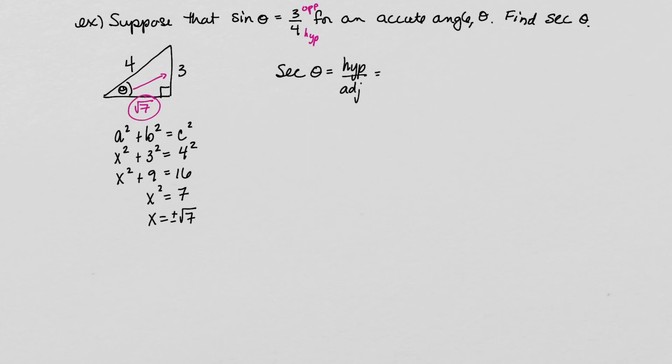In this case, the hypotenuse is 4, and the adjacent is the square root of 7. So if you wanted to find the cosine first and then flip it over, you could do that. Or you could just think about it like I did there: it's hypotenuse over the adjacent. Either one works. Questions on this one?